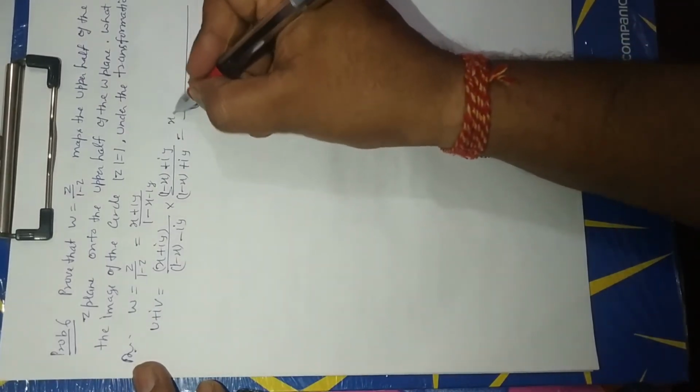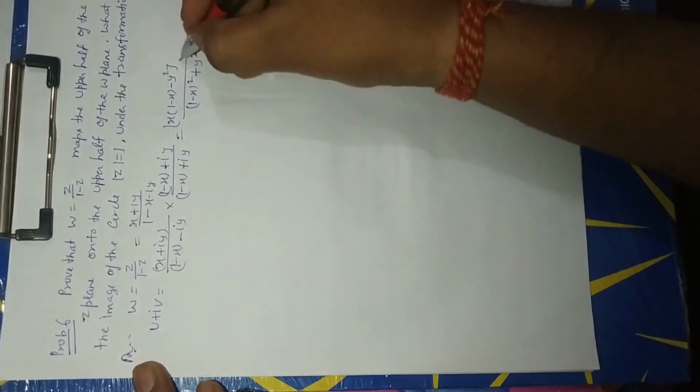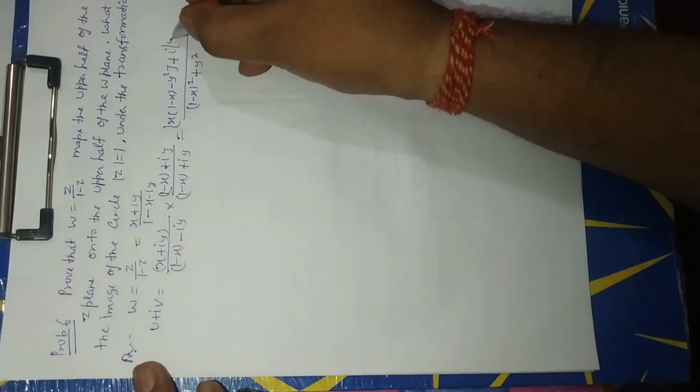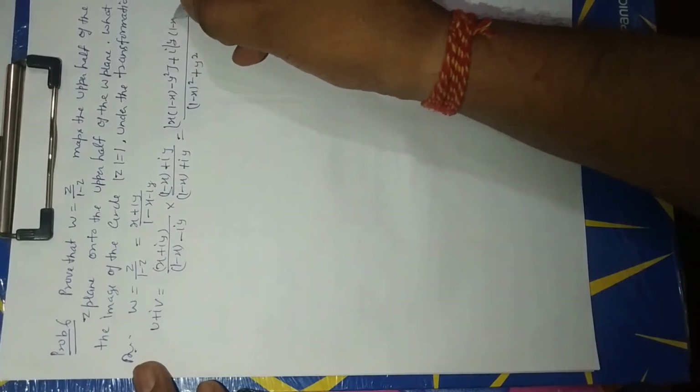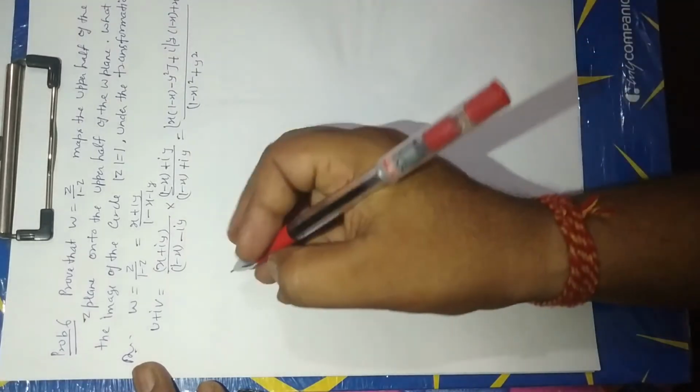Now the numerator is x(1 minus x) minus y square plus i times y(1 minus x) plus xy.